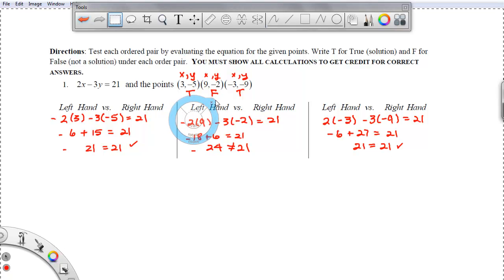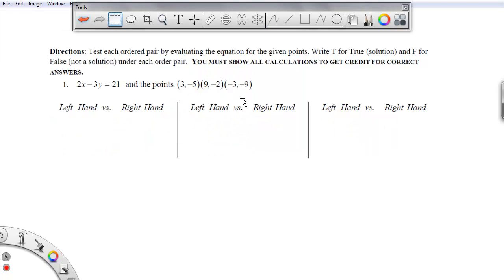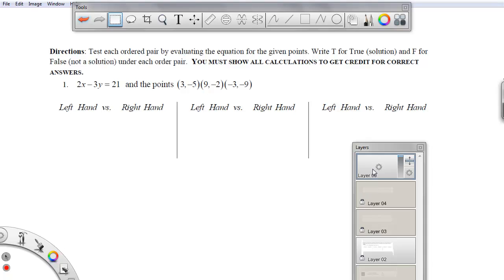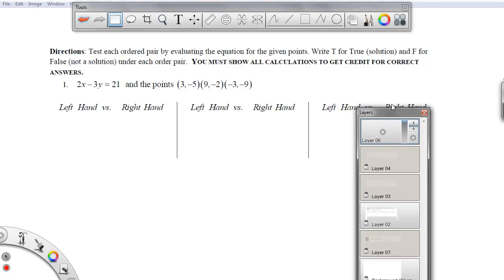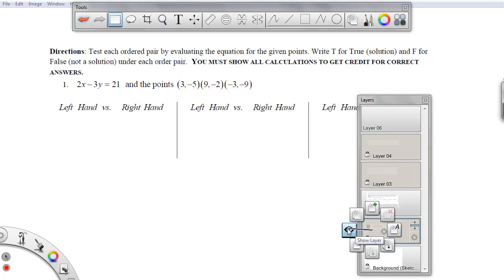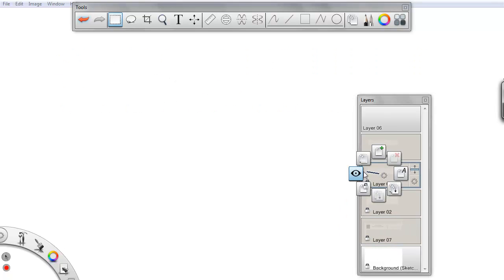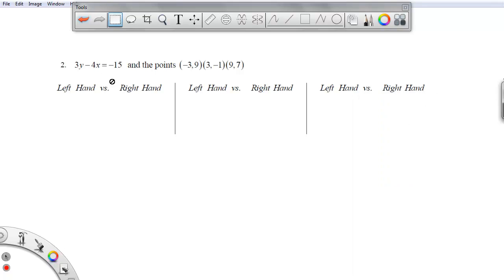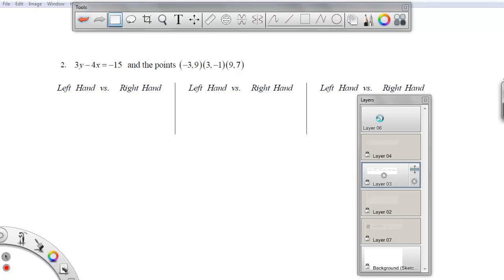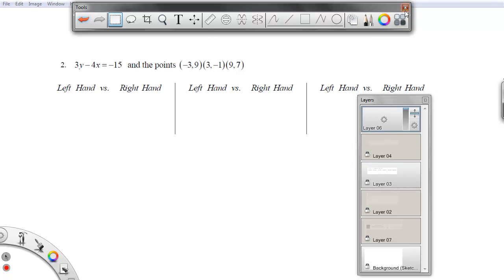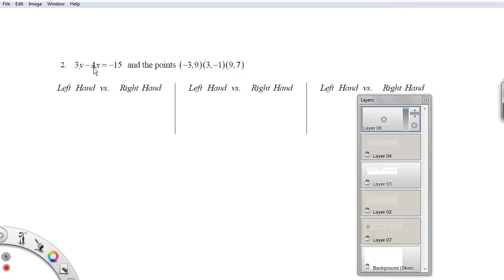Okay, the next problem I'm going to do is number 2. So let's turn that layer off and number 2 on. So our equation for this one is 3y equals a negative 4x minus 15. You can see on this that the x and y have switched places.